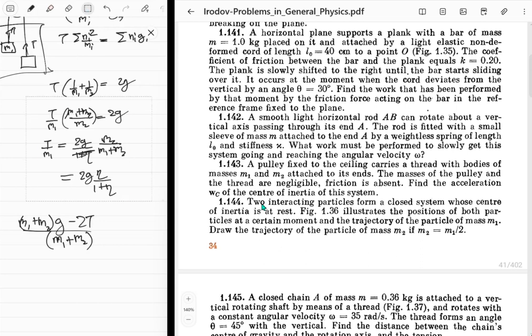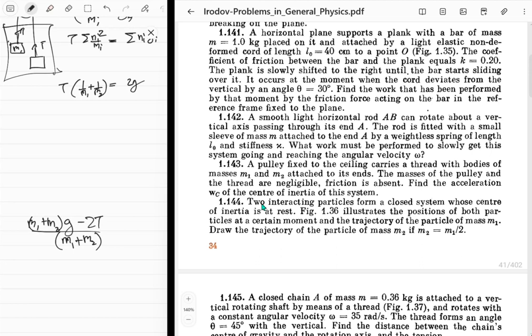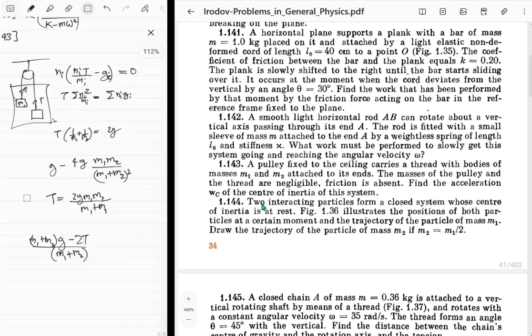So this is just going to be g minus 2T upon m1 plus m2, but you know that T is just 2g m1 m2 upon m1 plus m2, right? So this upon m1 plus m2, and then 2 times that is going to be 4g m1 m2 upon m1 plus m2 squared. That's the acceleration. It's this thing downward. Okay, cool.